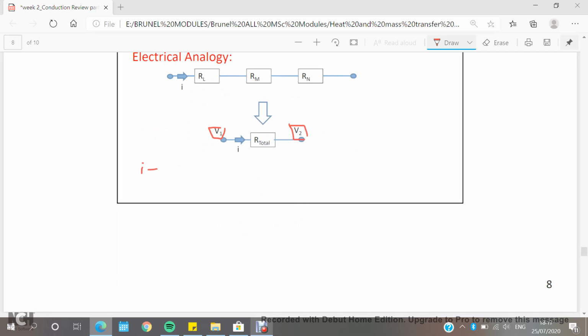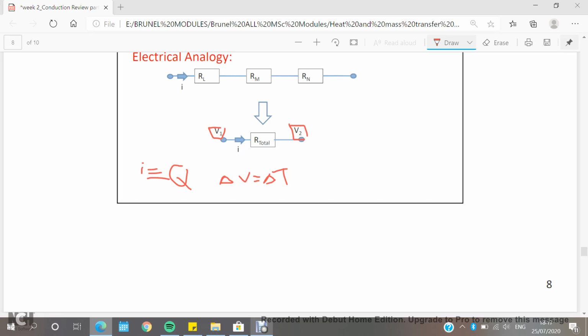I here will be the same as Q in our case in heat transfer, and delta V will be the same as delta T, which is the driving force, correct? And the R will be 1 over U, as we mentioned.